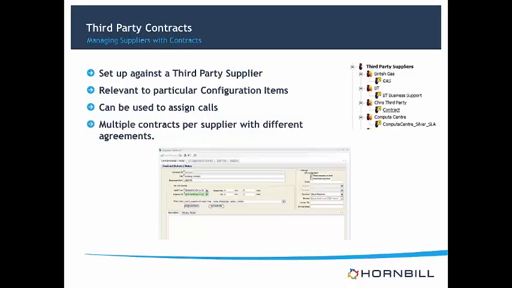So I'm not going to go into a massive amount of detail on suppliers, and you can have a look at that through the system, but you do have to make sure that you have created a supplier and that a supplier actually has provided you with a piece of hardware or another configuration item before you can then start to use those contracts to assist with the call handling process.